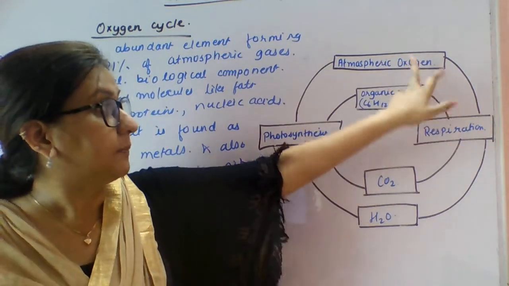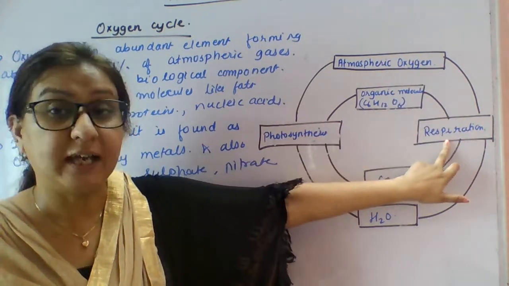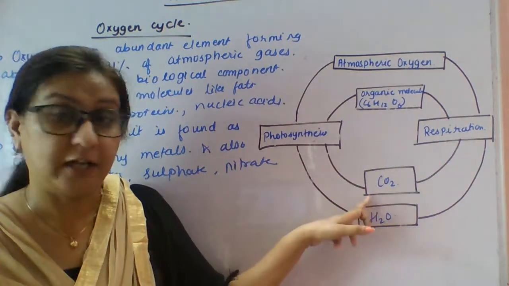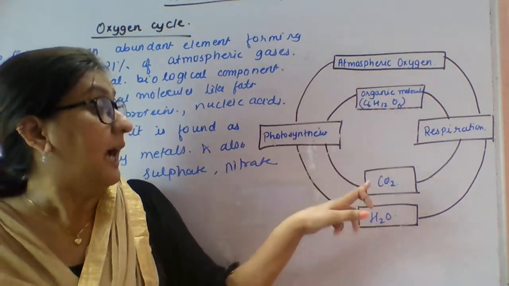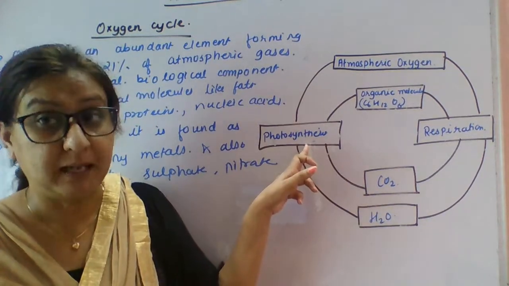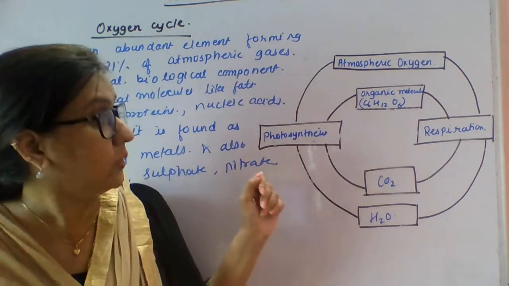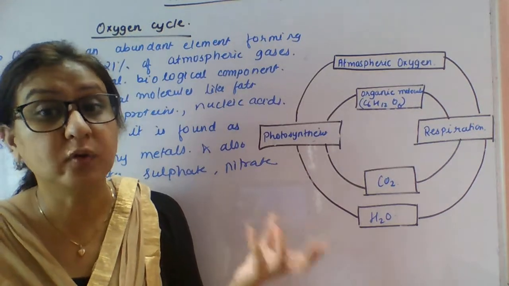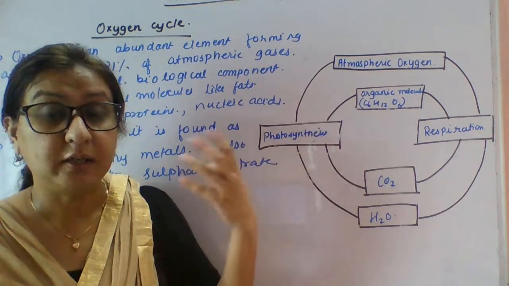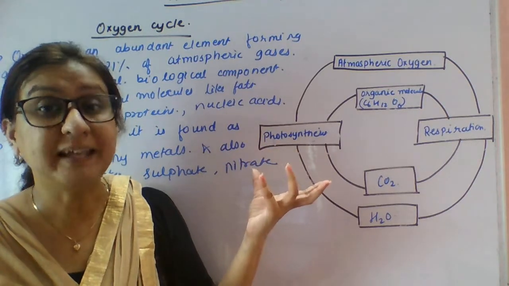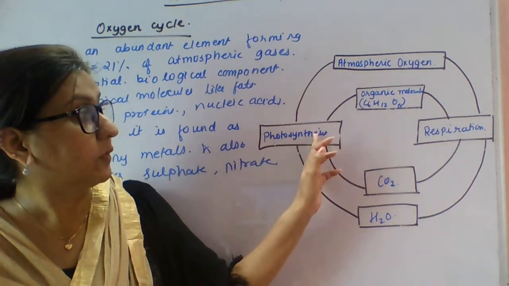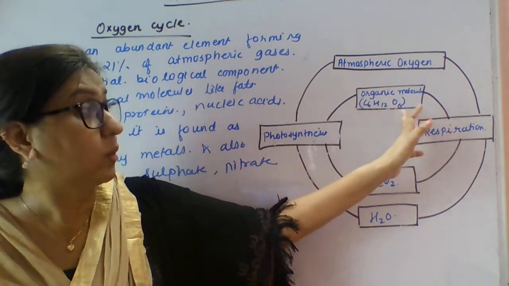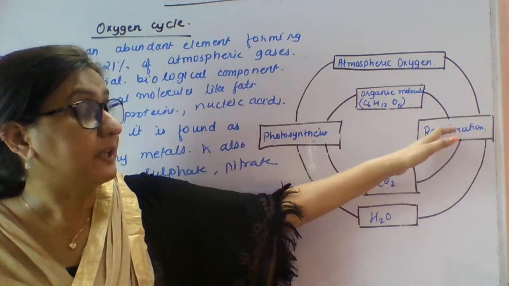During photosynthesis, plants prepare food for themselves, or you can say they make glucose, an organic molecule, C6H12O6.